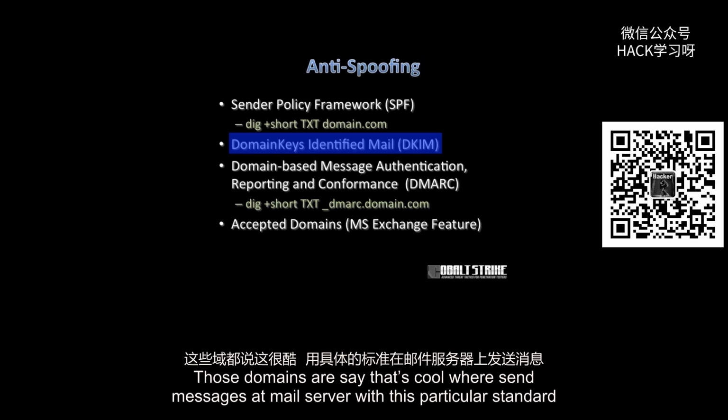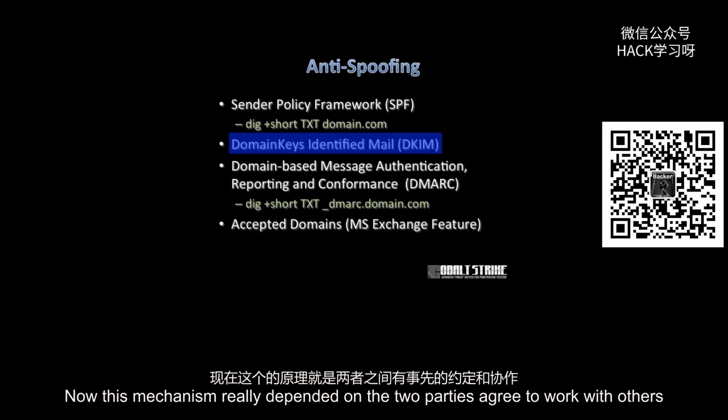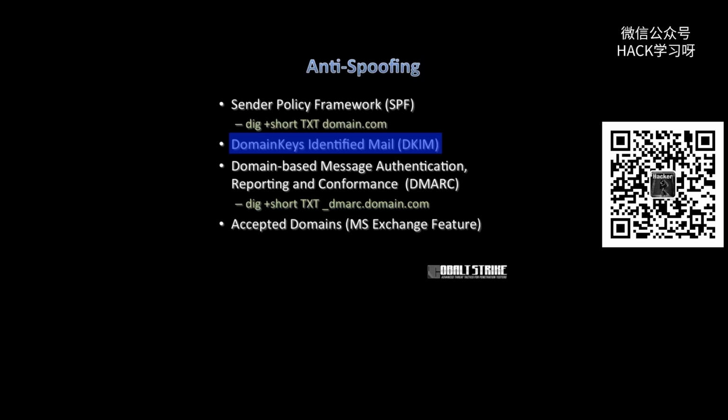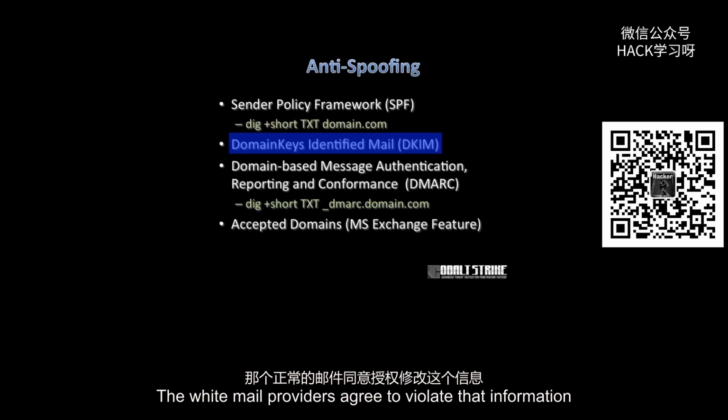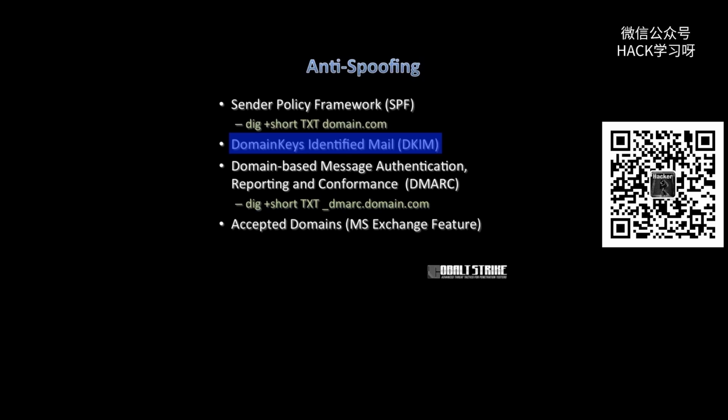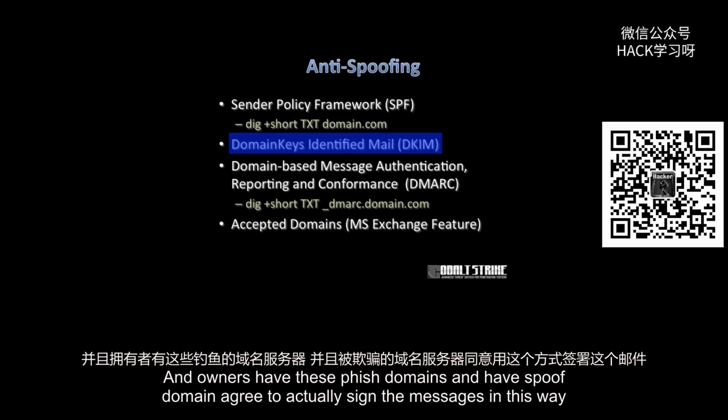We'll sign our messages at our mail server with this particular standard. Now, this mechanism really depended on the two parties agreeing to work with each other: the webmail providers agreeing to validate that information, and the owners of these heavily spoofed domains agreeing to actually sign their messages in this way.